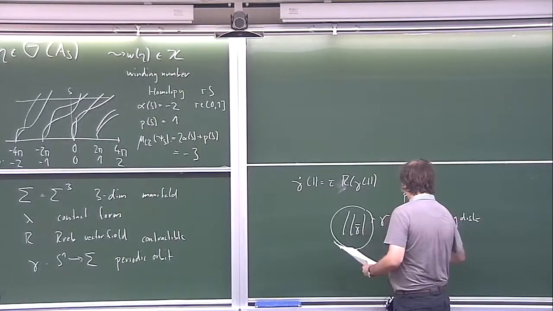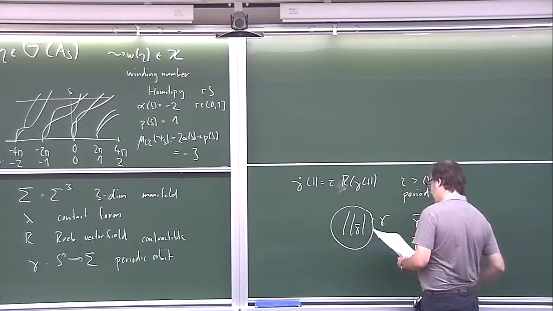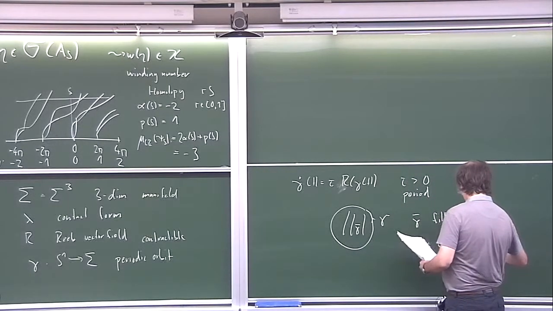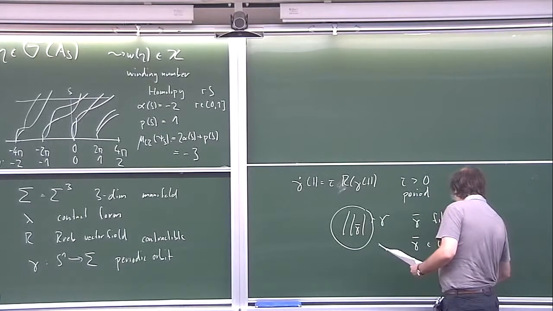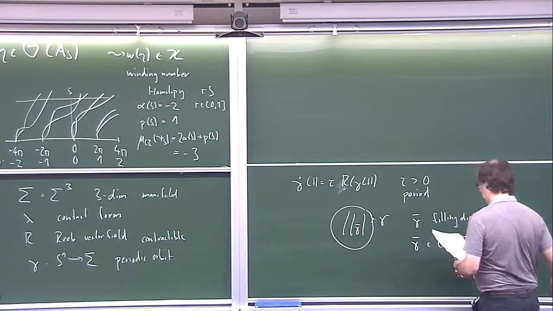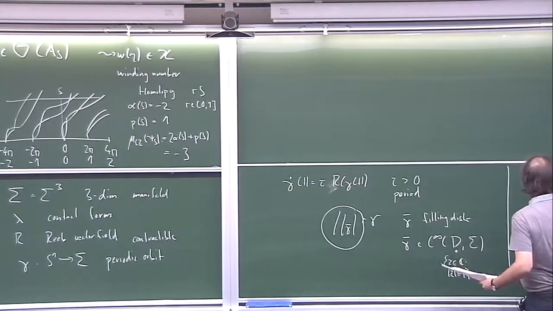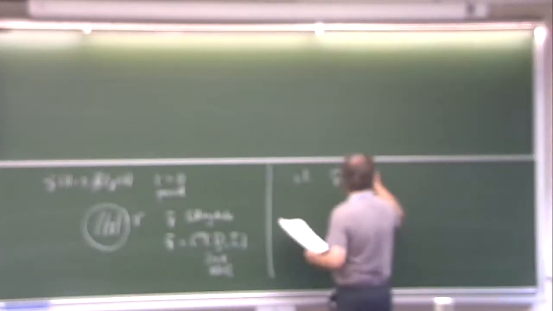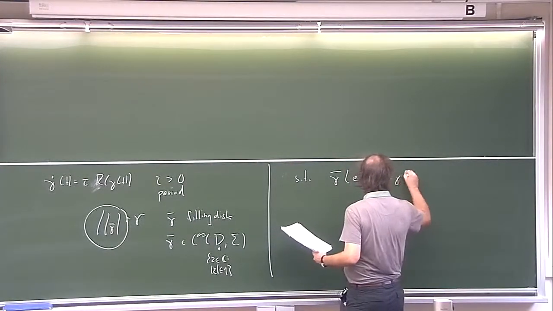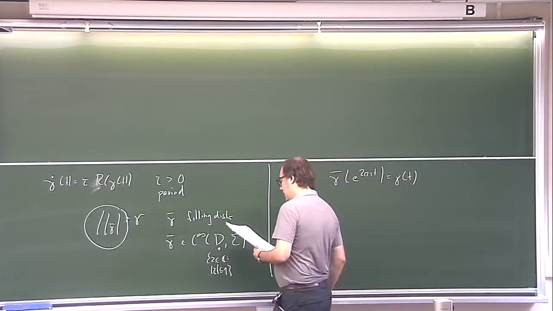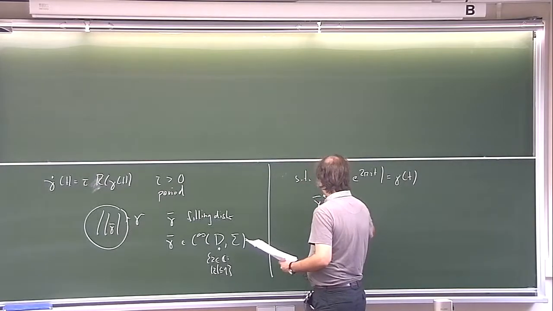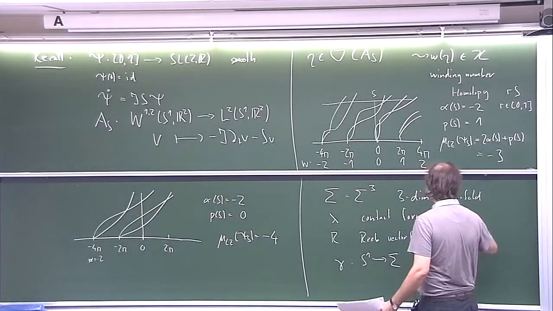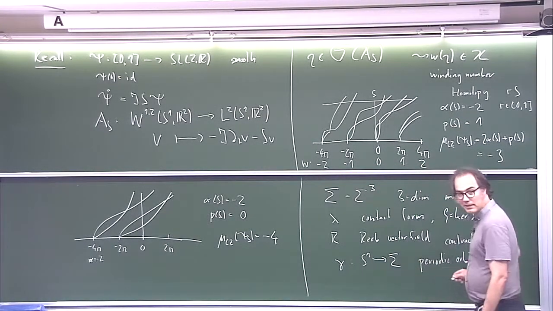So we have gamma bar, the smooth map from the disk to Sigma, so this is just the set of z in C with |z| less than or equal to 1, such that gamma bar of e^{2 pi i t} equals gamma(t). And now let us look at, so if you have a contact manifold, so recall we have xi is the kernel of lambda. This is the hyperplane distribution.